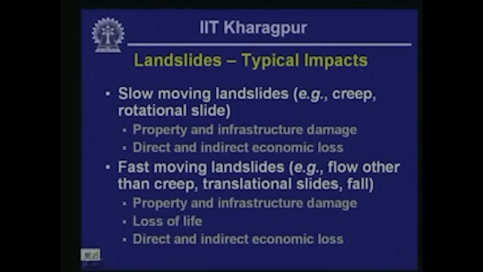Fast moving landslides such as different types of flow or translational slides or rock fall could cause property damage or infrastructure damage as well as loss of life. The velocity, for instance, of a mud flow could be as large as 100 kilometers per hour. So, if you are within an area through which a mudslide is in progress, then you are totally trapped in that area, and many lives are lost because of that.